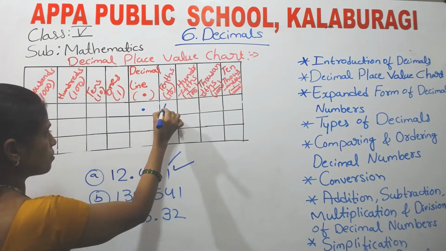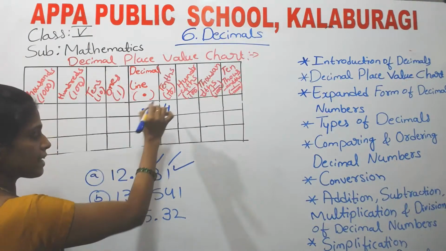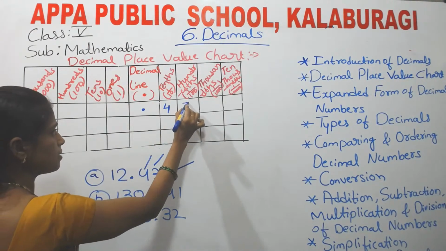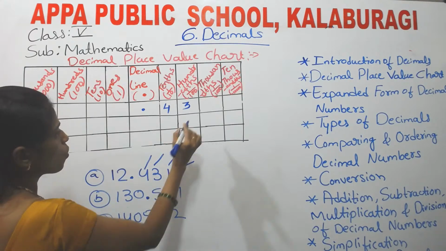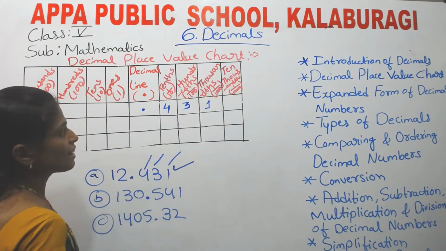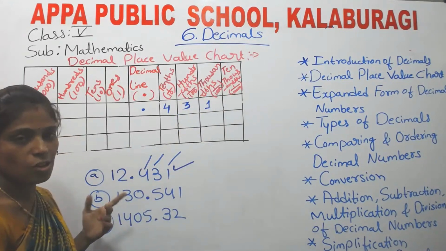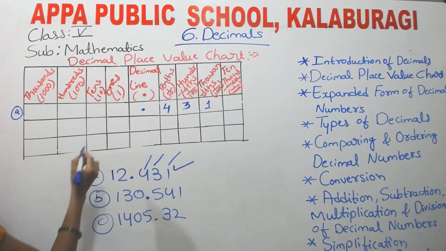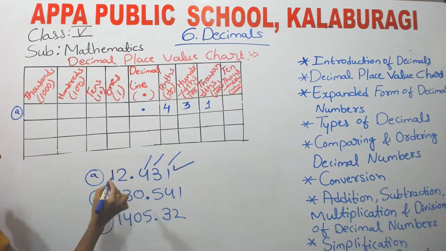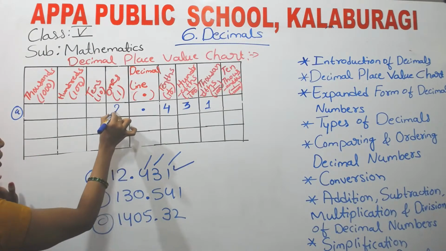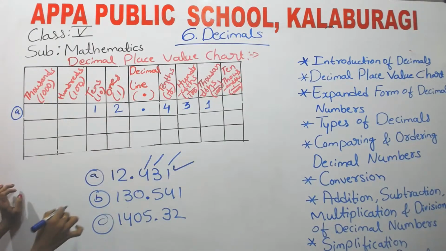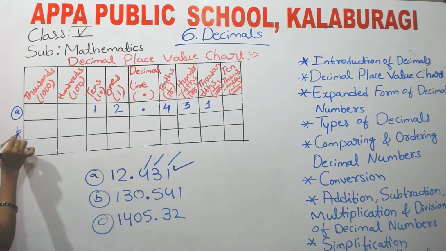Now write this number. 4 is in tens place, and 3 is in hundreds place. 1 is in thousands place. Ten-thousands is not given. Next, now here is the left side. We count it as ones and tens. This is over. Next.